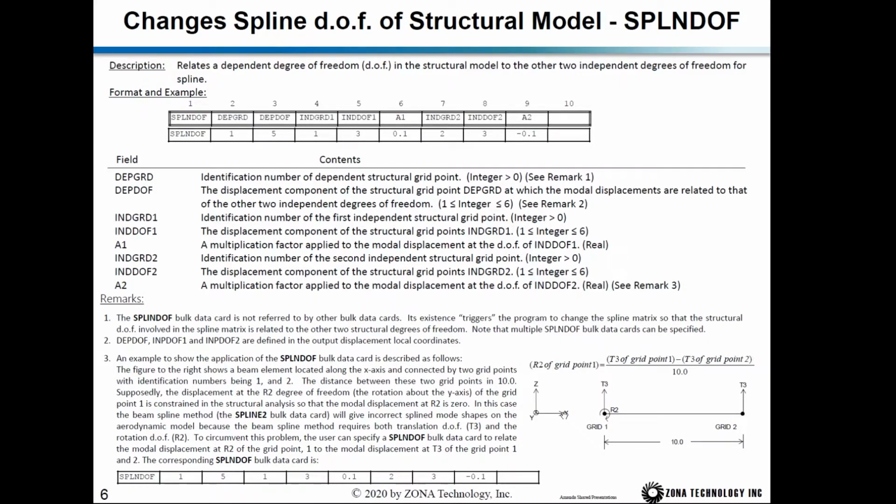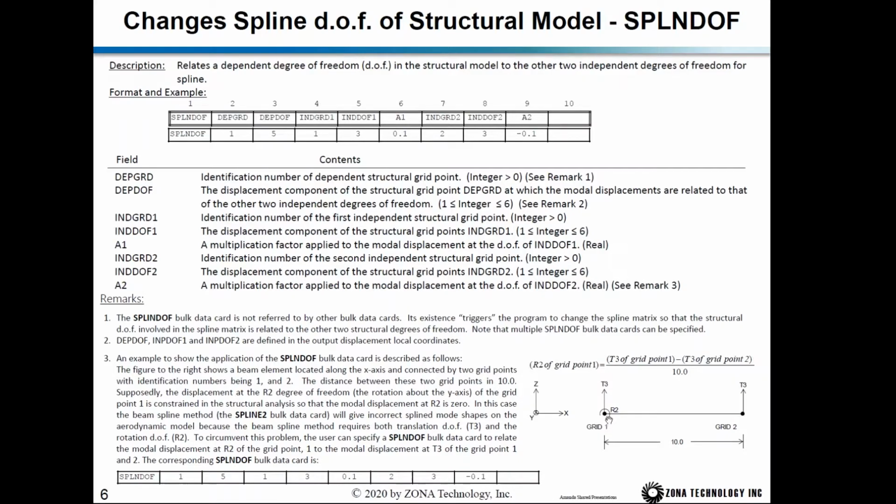Then, if we want to use the beam spline to spline the GVT measured mode to the aerodynamic model, the beam spline requires the rotational degrees of freedom. But in the GVT, it's very difficult to measure the rotational degrees of freedom. So you can use this spline d.o.f to create the rotational degrees of freedom at those grid points.